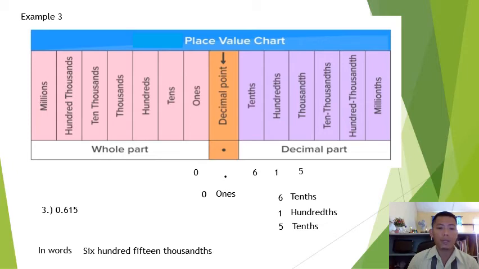We are going to use only the place value of the decimal at the end: thousandths. Here, for 6, we will not use hundredths. Again, it's 615 thousandths. Just write the place value of the last digit. Okay, next.